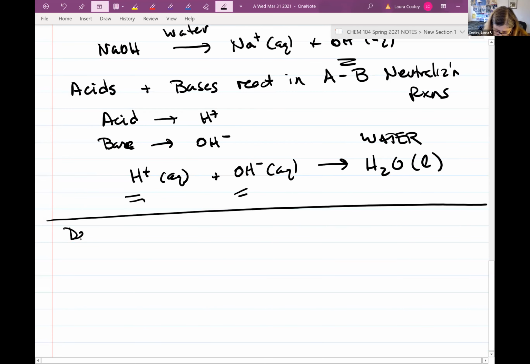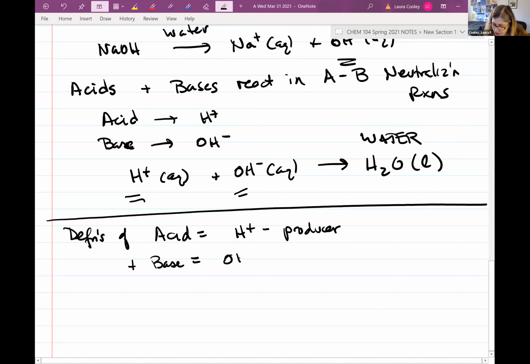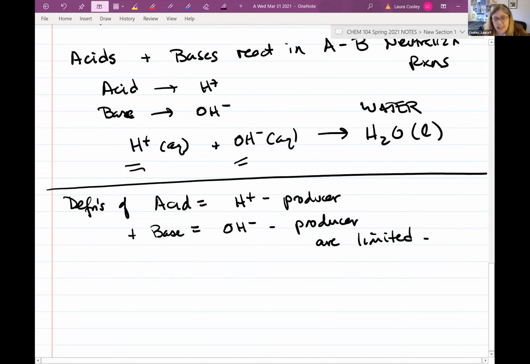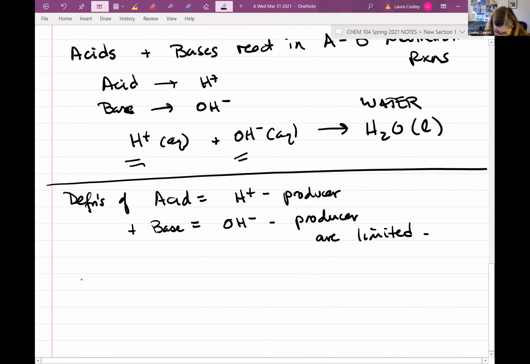But the definitions of an acid as an H+ producer and a base as a hydroxide ion producer, these are very limited definitions. And they don't tell you anything about the chemistry that's involved with how these ions form.